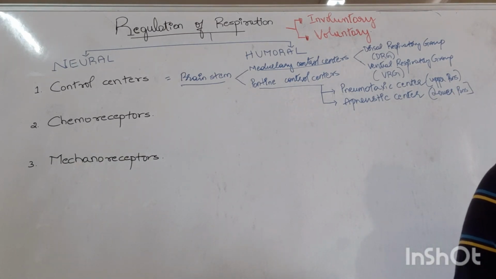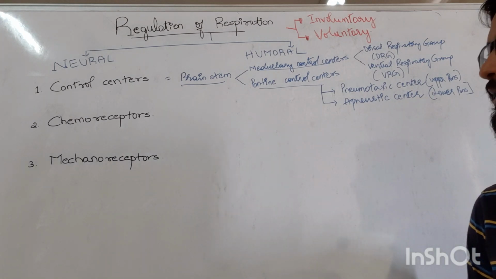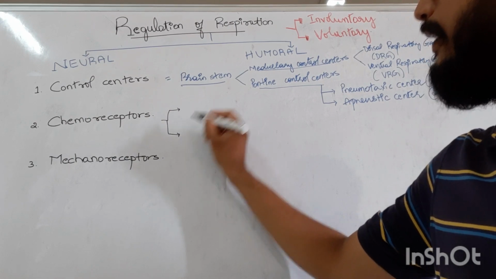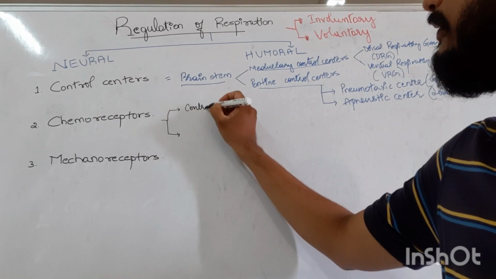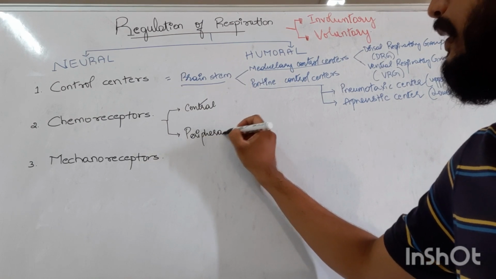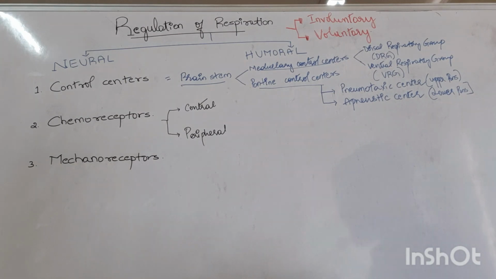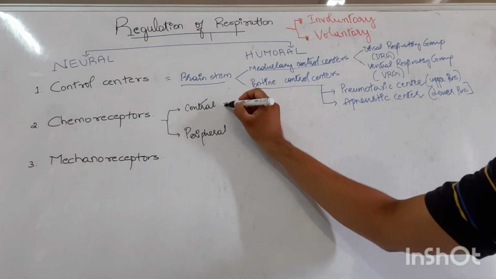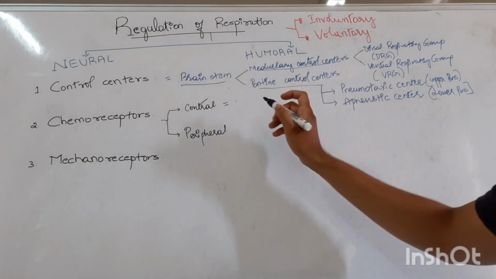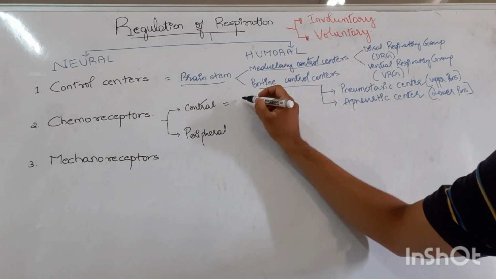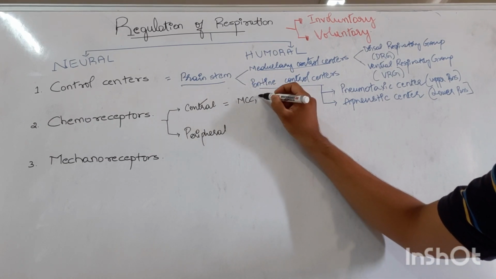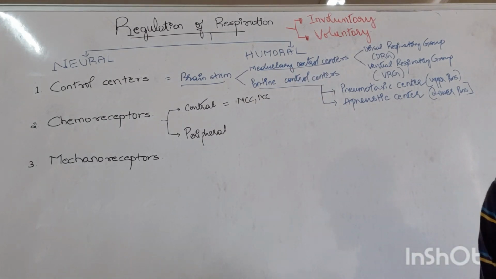Secondly, we have the chemoreceptors. Again, the chemoreceptors can be classified as the central chemoreceptors and peripheral chemoreceptors. The central chemoreceptors are present in the central nervous system, near the area of the higher control centers, like near the medullary control centers and the pontine control centers.